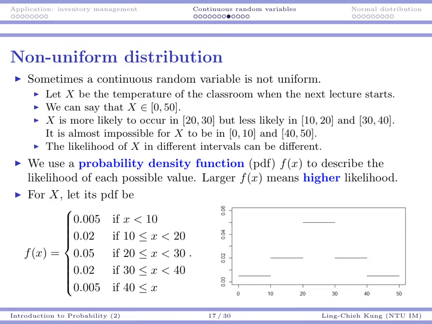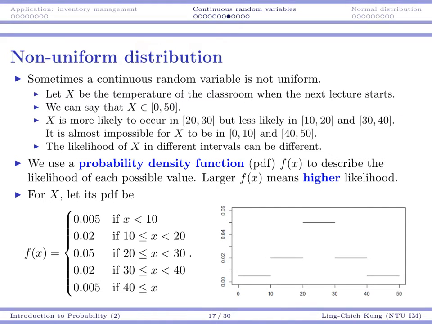But we know that X would not be uniform within 0 and 50, because it's more likely for X to be within 20 to 30. That's a more reasonable range for the classroom temperature. It's less likely for X to be within 10 to 20 or 30 to 40.